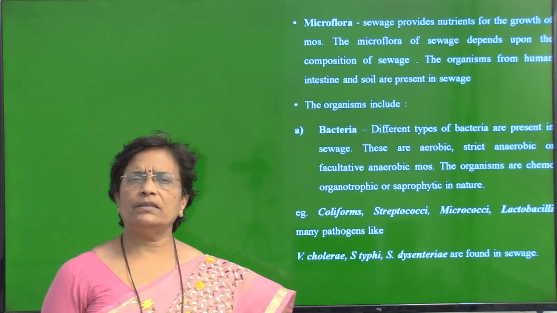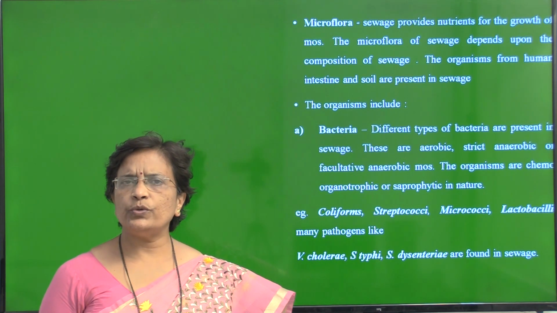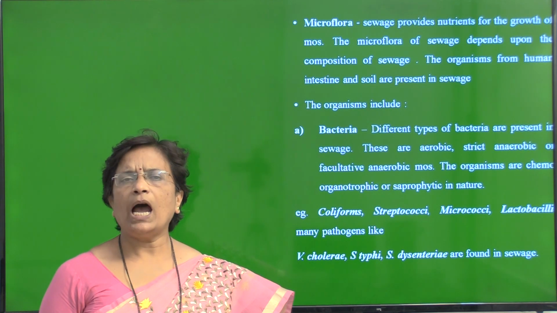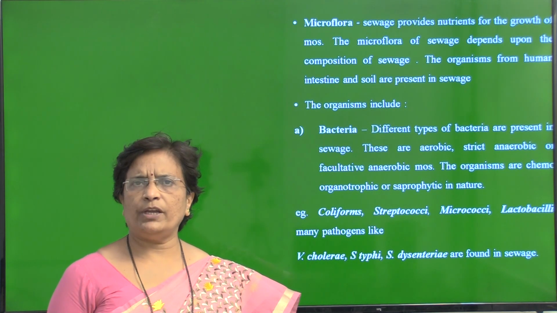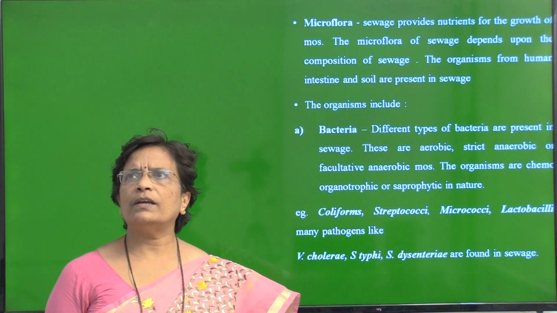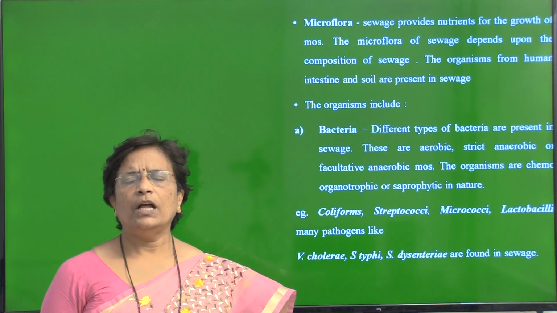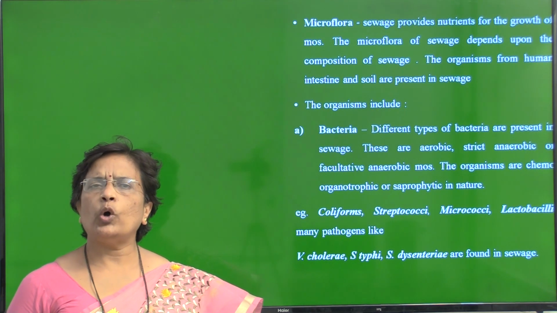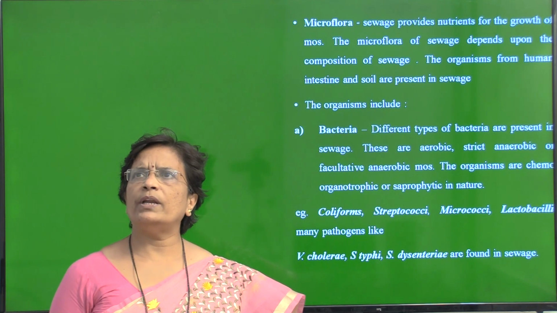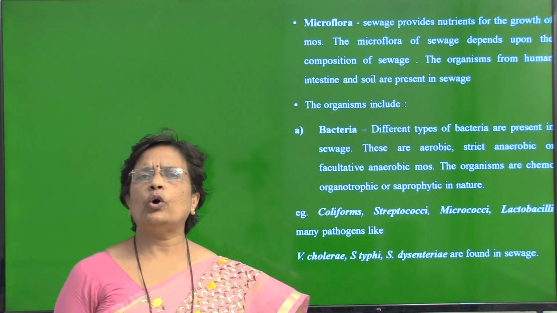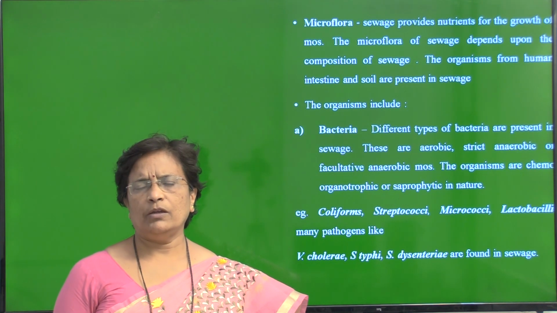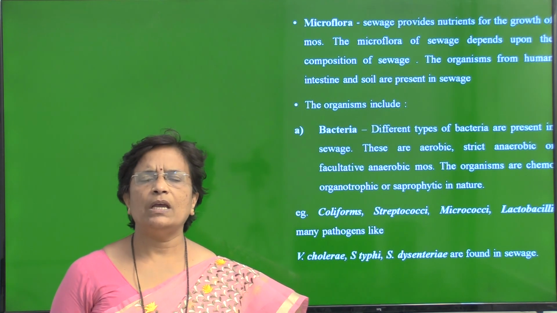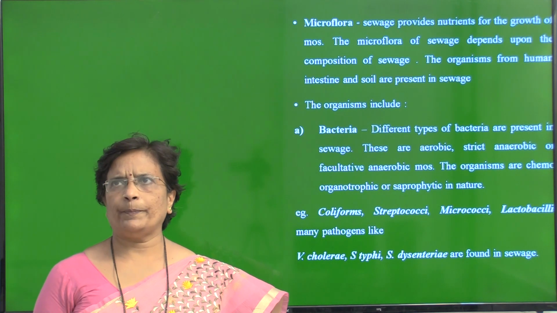As earlier discussed, sewage provides various nutrients for the growth of different microorganisms, and the microflora of sewage depends upon its chemical composition. The major number of organisms found in sewage are from our intestinal tract and from soil. So, major microflora of sewage is the intestinal organisms and the organisms from soil.